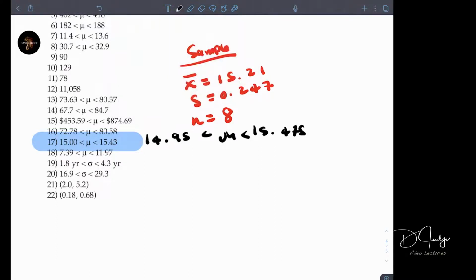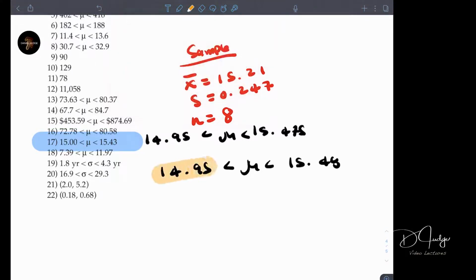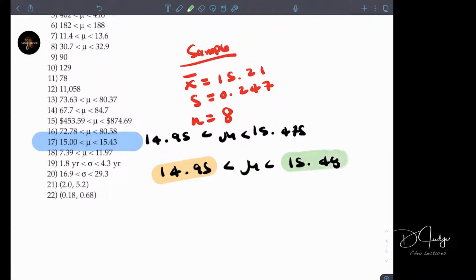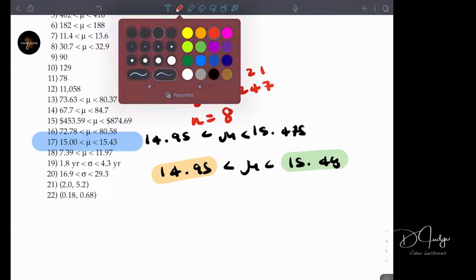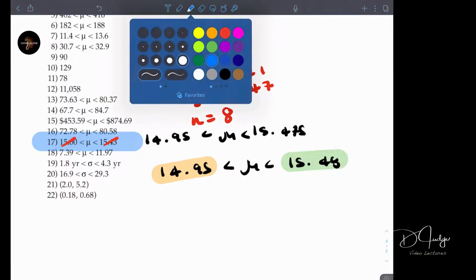So this will be 14.95. There's no other data there. 15.48. And this is your new lower bound value and your new upper bound value. So, ladies and gentlemen, this is question number 17. And there you go. This is what you want to have as an answer.